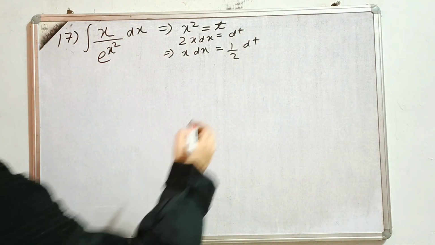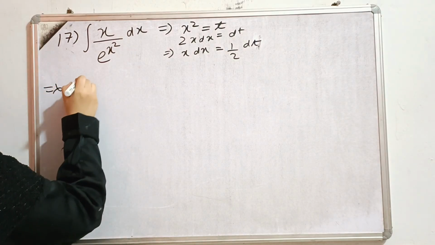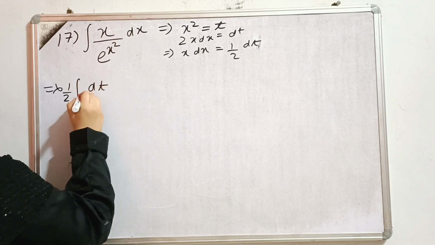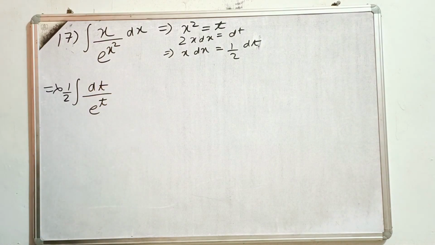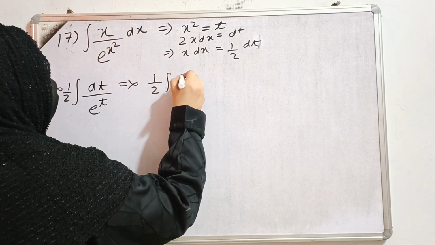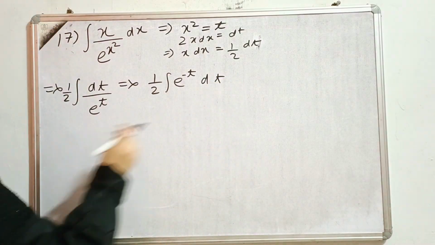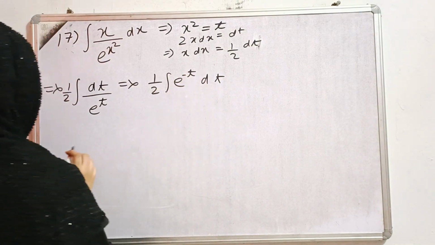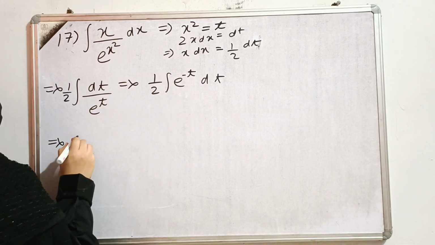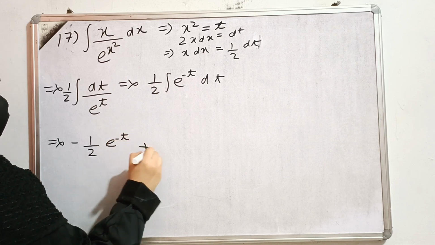Substituting this value in this integral, we get 1 upon 2 integration of dt upon e to the t. Or we can write as 1 upon 2 integration of e to the power minus t dt. Integration of e to the t is e to the t, we have a minus sign, so minus 1 upon 2 e to the power minus t plus c.